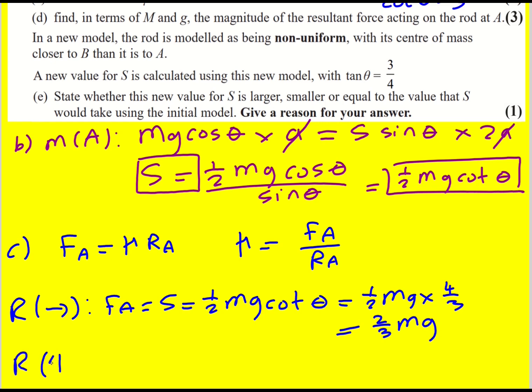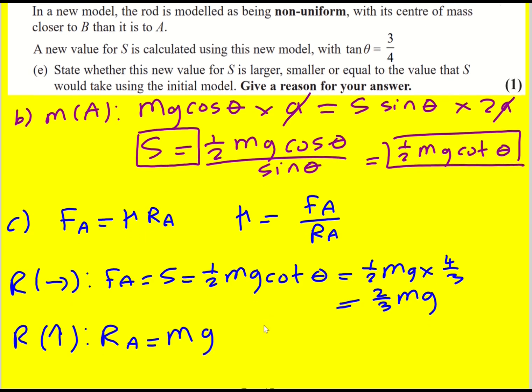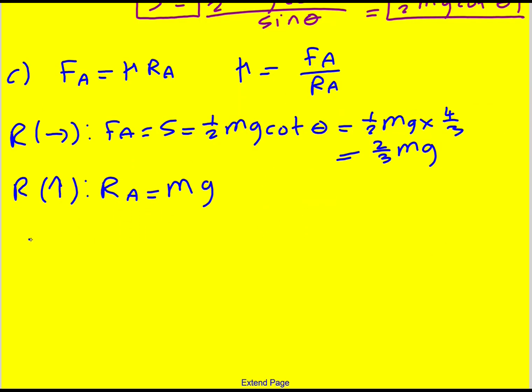Then resolving vertically, the normal reaction at A is equal to the weight, so RA is mg. And therefore mu equals 2/3 mg over mg, which is just 2/3.